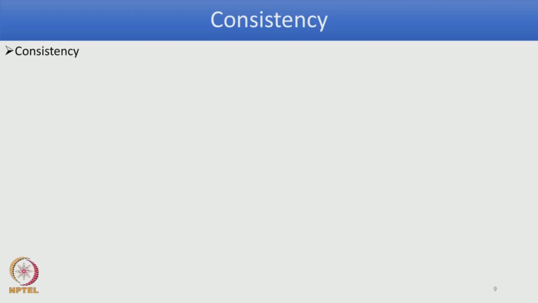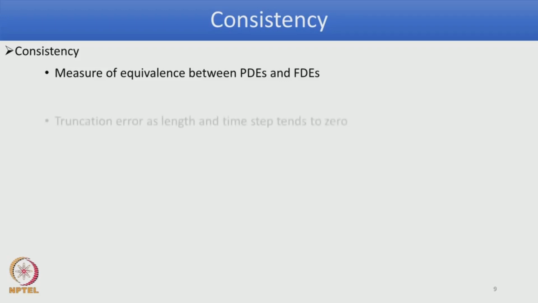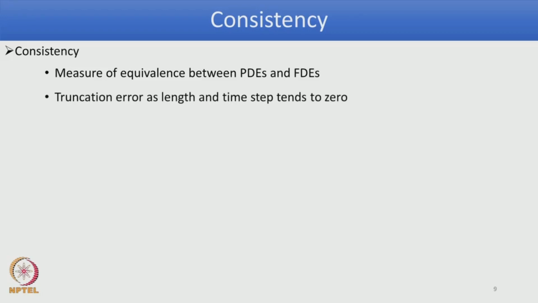First, we take consistency, which measures the equivalence between the original PDE and the finite difference equation which replaces the original PDE. When you replace the original PDE by a finite difference equation, as we know very well from Taylor series expansion, we consider only a few terms and the remaining terms are neglected, whatever the order of accuracy that you are deciding.